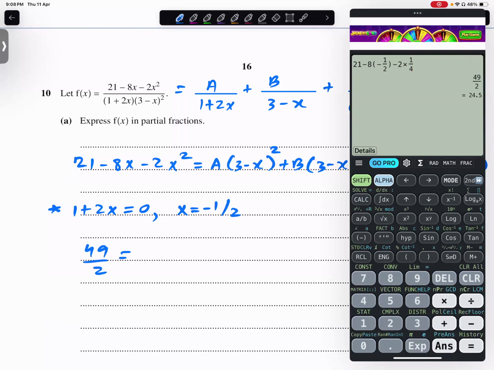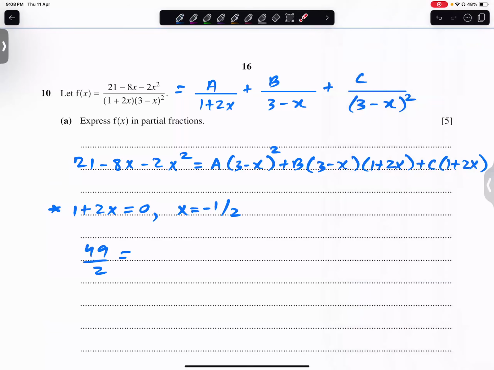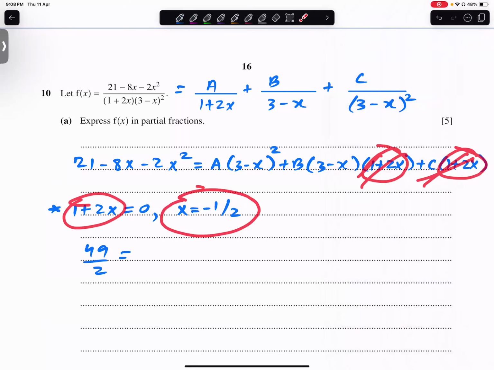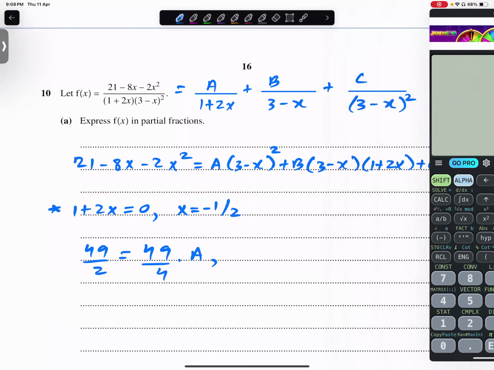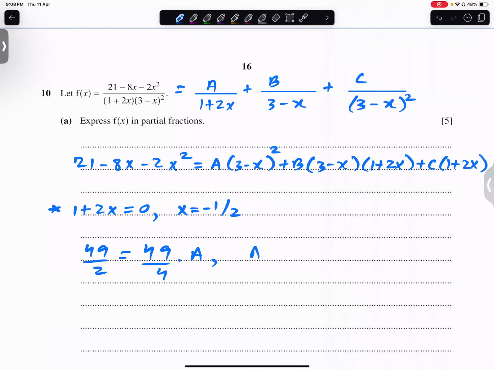And on the right side, these two things will become 0 because 1 plus 2x is 0. So minus 1 over 2 goes in here: 3 plus 1 over 2 will be 7 over 2. So 49 over 4 times A, so the value of A will be 2.